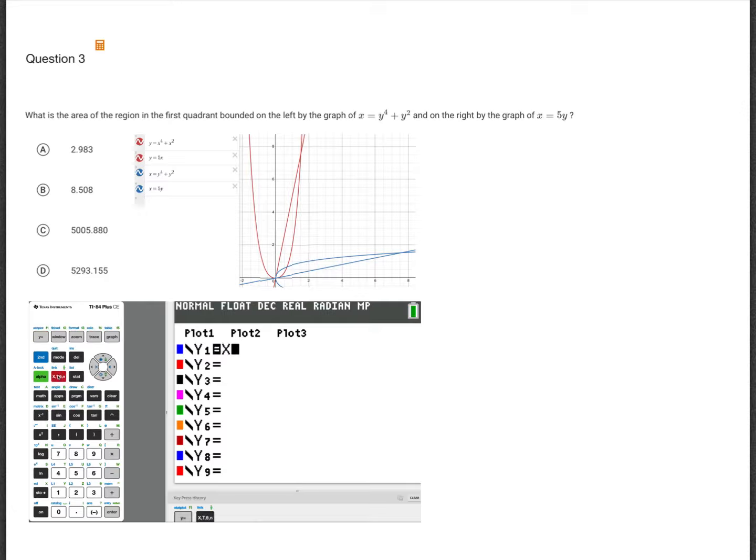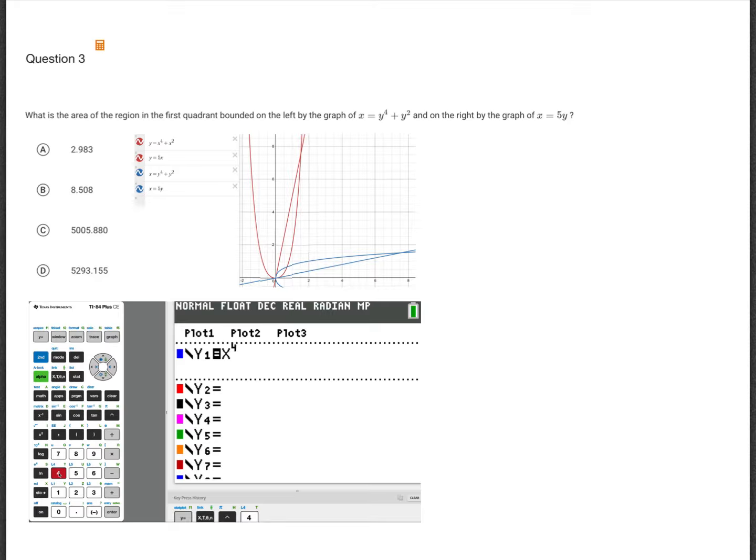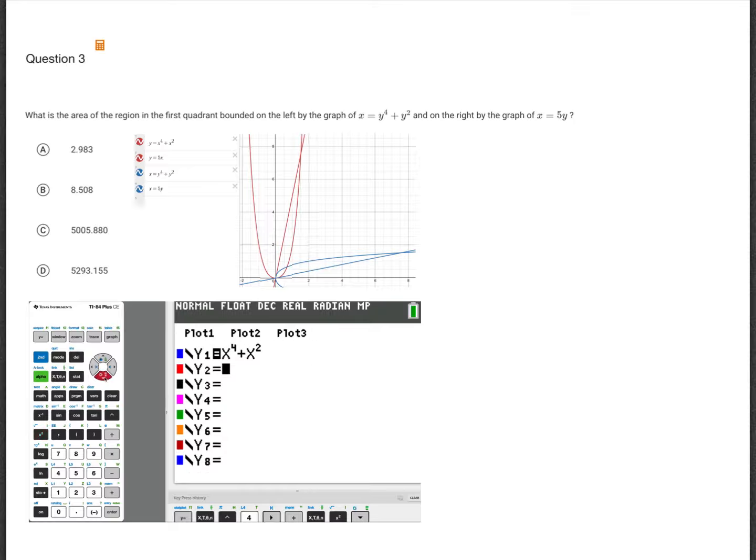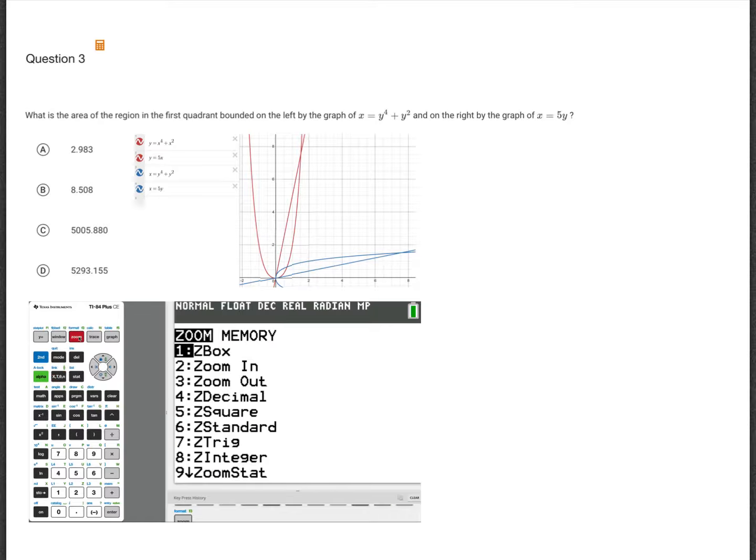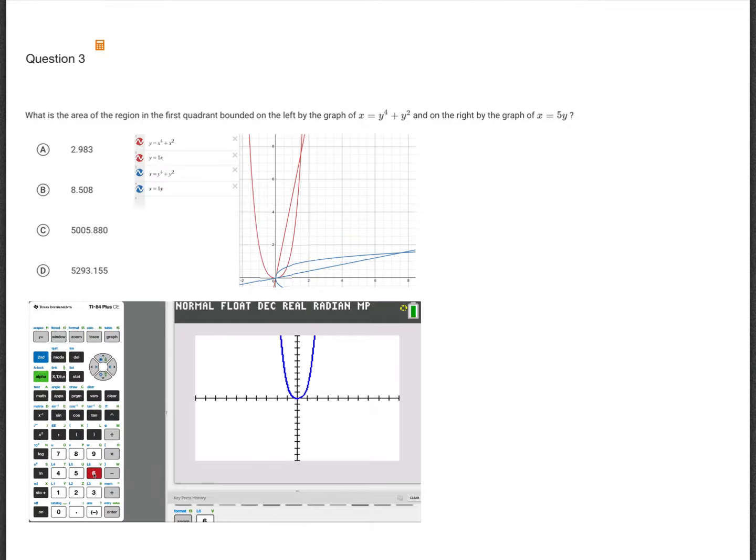I'll almost always type the functions into y1 and y2 if there's two different functions. So we'll type those in. I'll usually go to zoom 6 initially, and then change the window from there.